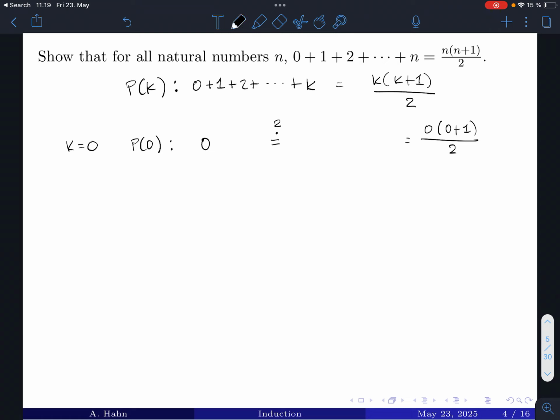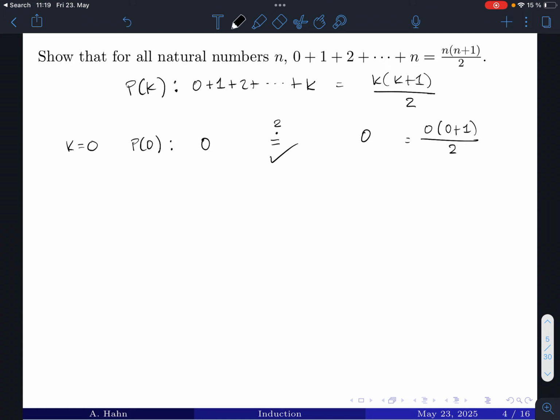And so then the left-hand side is equal to 0, the right-hand side is equal to 0, and so they are equal to each other, and so this claim is in fact true. So the predicate is true for k is equal to 0.